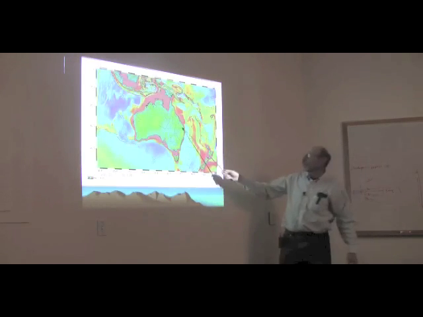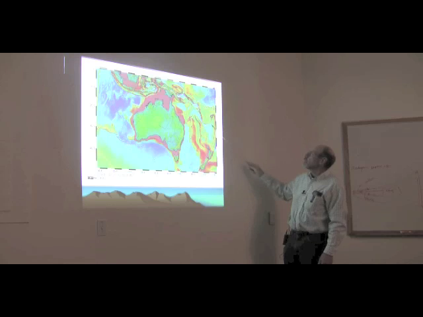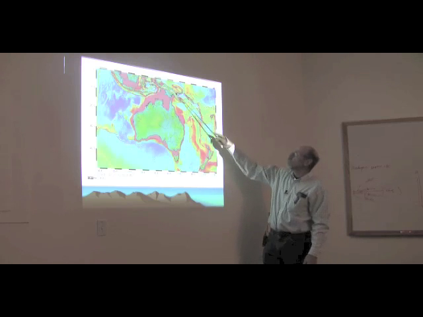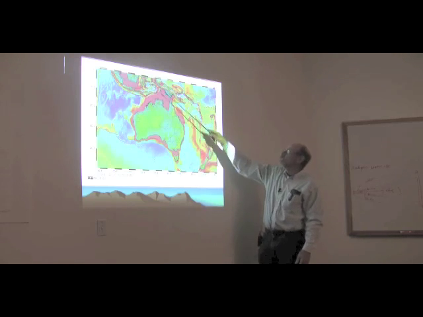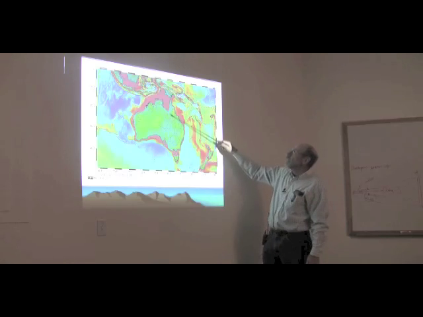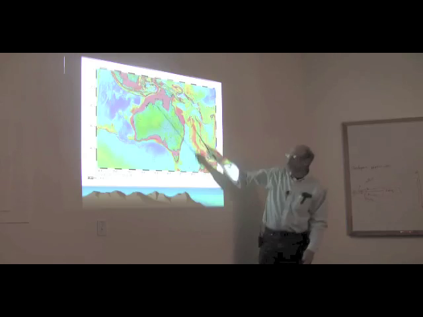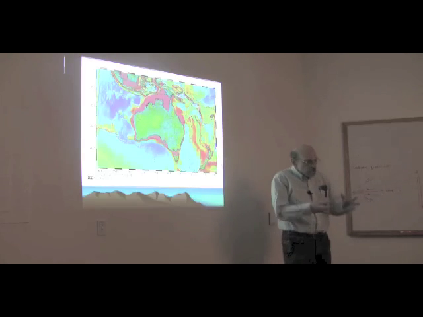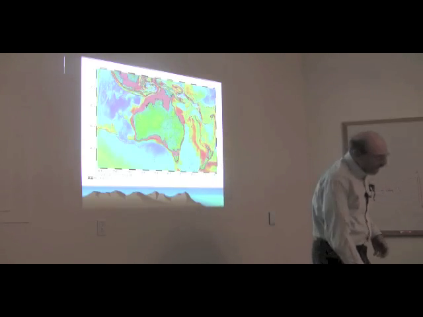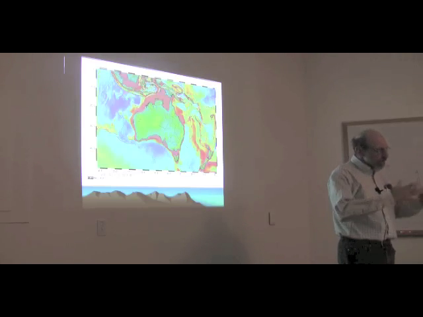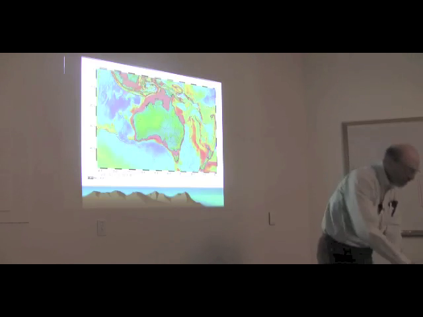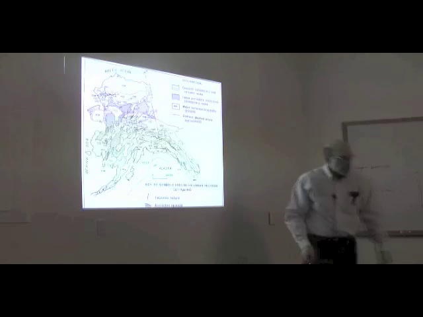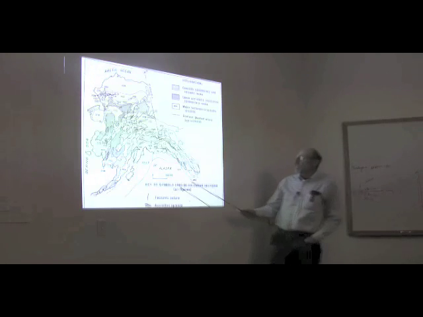So you have Australia and this whole series of island arcs over here, Indonesia and Papua New Guinea, and Australia is colliding into them. Ontong Java plateau is colliding the other way. And that's squashing a lot of stuff that was created in the oceans and island arcs, squashing it onto the front of Australia.